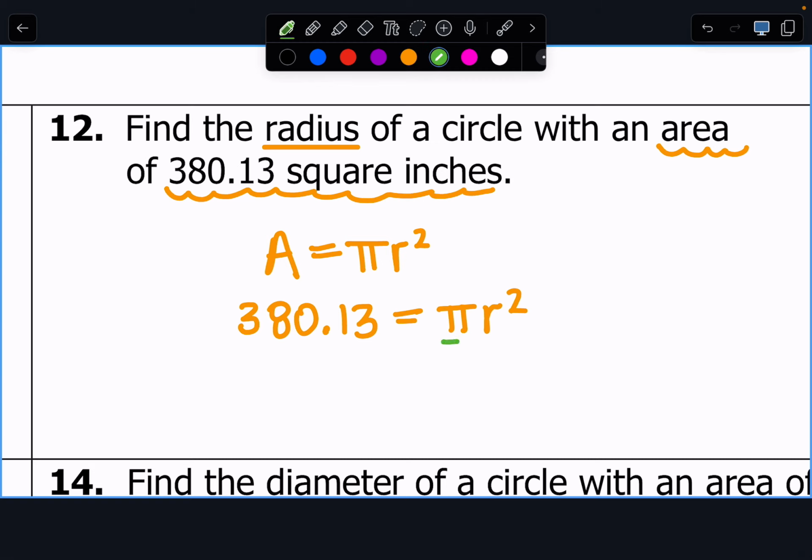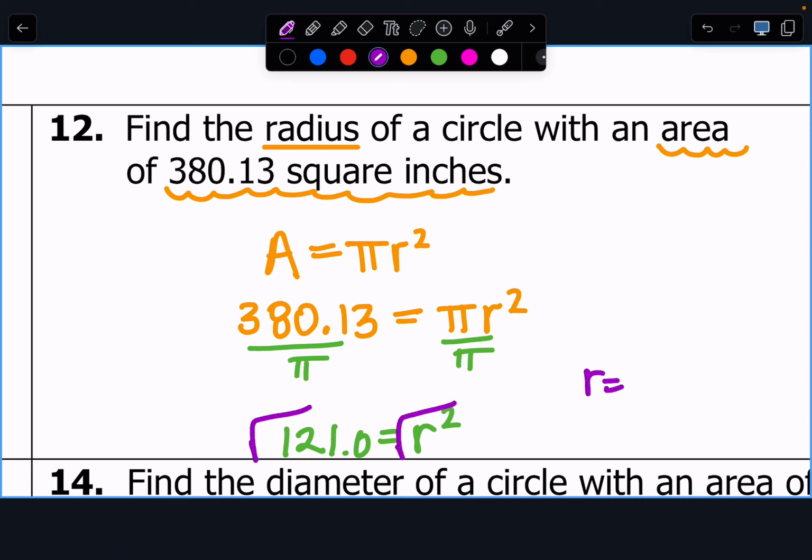And if we divide by pi, is it 121.0? Okay. I have r squared equals 121.0. Now we can square root both sides.